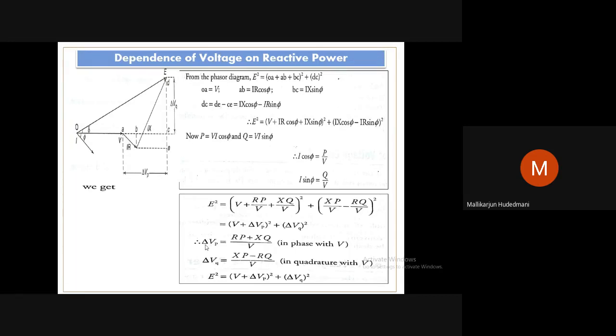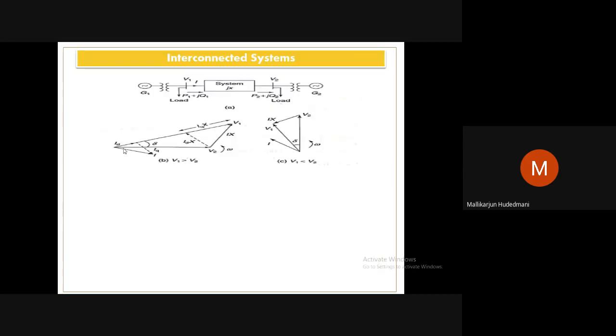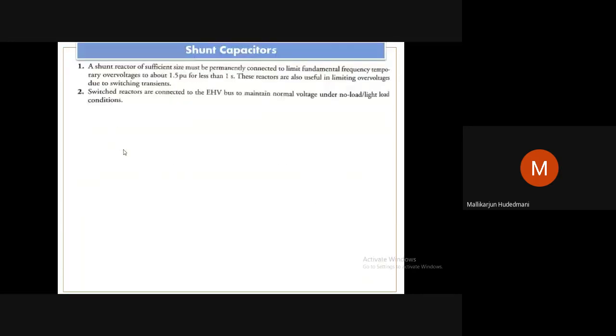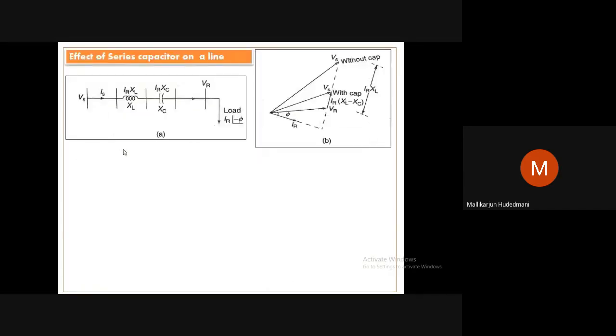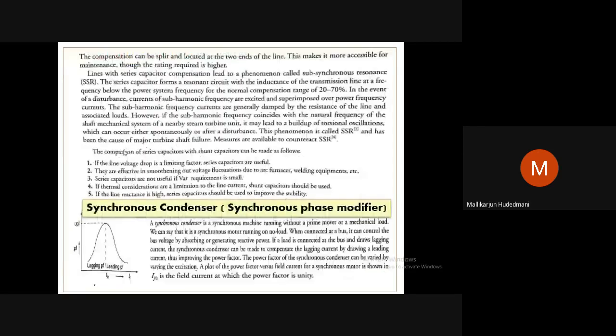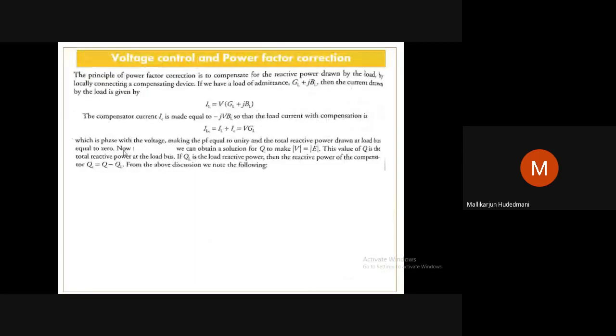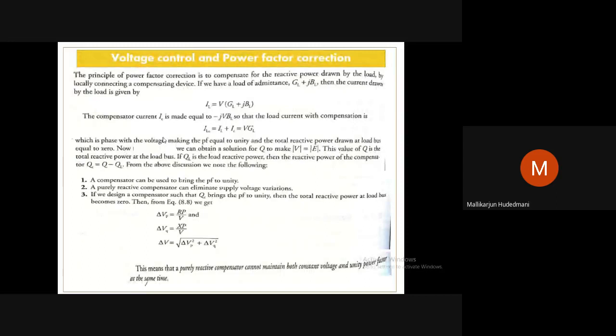And we have seen delta Vp is (Rp plus Xq) by V, delta Vq is (Xp minus Rq) by V. So these two were the terms in phase and in quadrature with V. So delta Vp is Rp by V and delta Vq is Xp by V after the assumption.